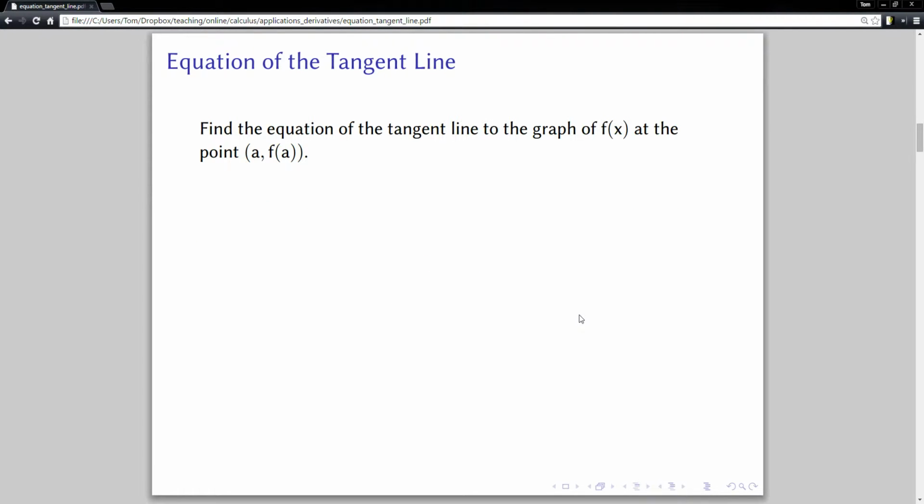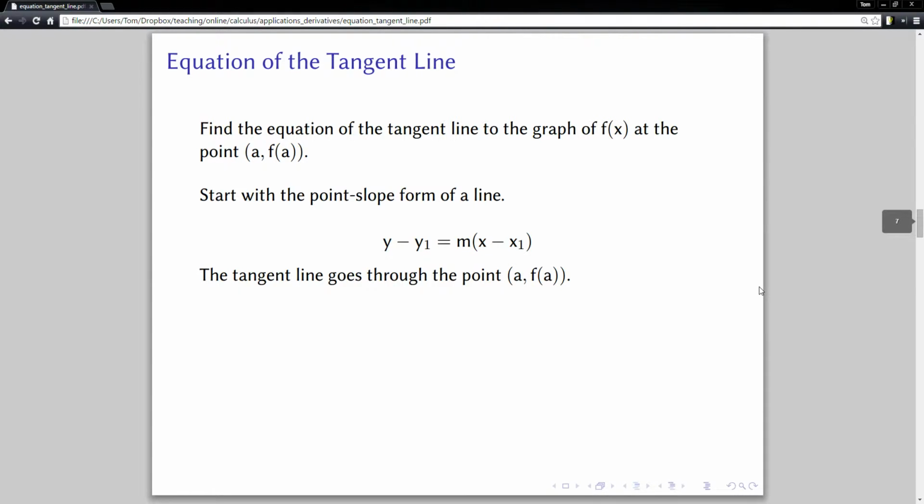All right, so if we want to find the equation of the tangent line to the graph of f of x at some point a comma f of a on the graph, we're going to start with the point slope form of the line: y minus y1 equals m times x minus x1. And we know two things. First off, the tangent line has to go through that point. The tangent line touches that point on the graph. So a comma f of a is a point on the tangent line that we're looking for.